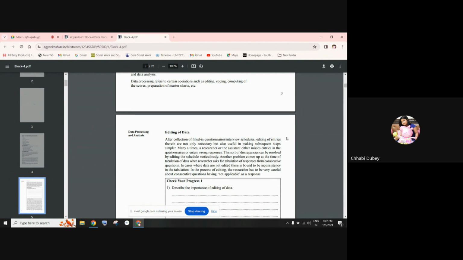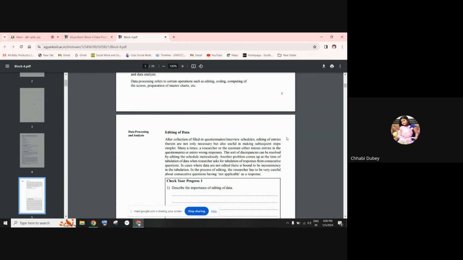Now, another problem that often comes up at the time of tabulation is when the researcher asks for tabulation of responses from consecutive questions. In cases where the data are not edited, you will find some kind of inconsistency in the tabulation. So either the tabulation will not be proper, or you may find some inconsistency in the tabulated data, and as such this leads to discrepancies in the data.